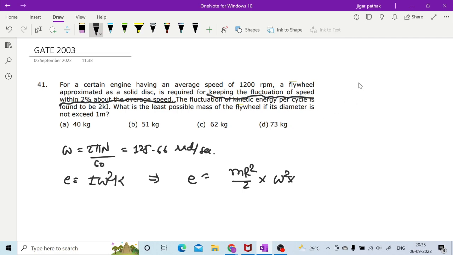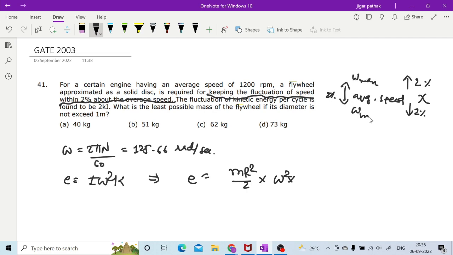So it is not mentioned that if average speed is there, then on the maximum side it is 2% and towards the minimum side it is 2%. It is not mentioned like this. It is mentioned that it is within 2% both sides, whatever, maximum to minimum.